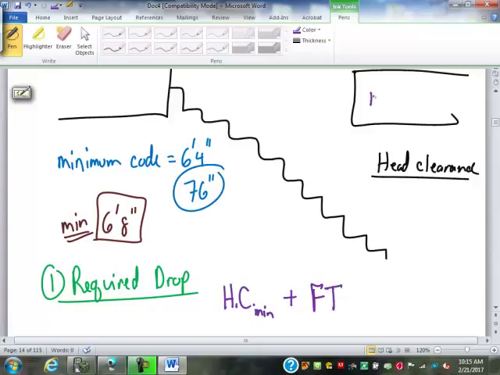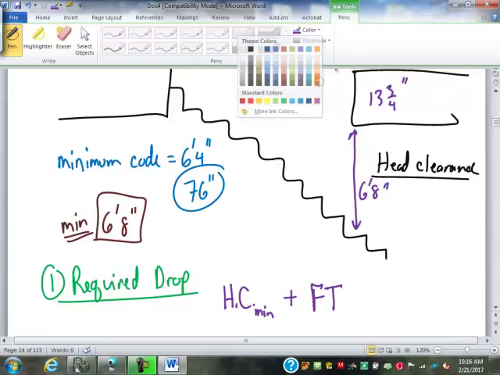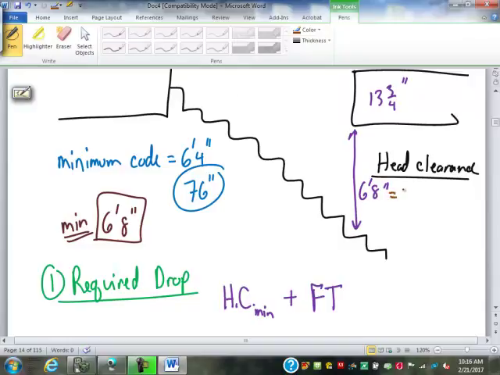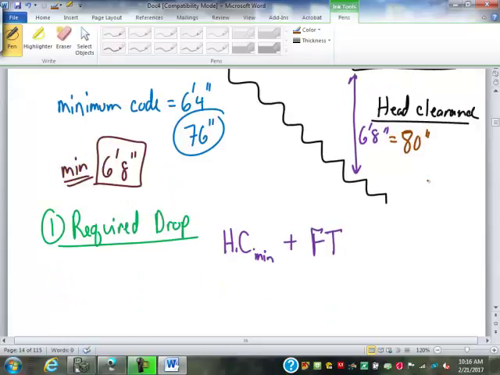So let's say we have a 13 3/4 inch floor, and I am using my 6 foot 8 head clearance. 6 foot 8, of course, is how many inches? 80 inches. So we have 80 inches plus 13.75 is 93.75 inches.